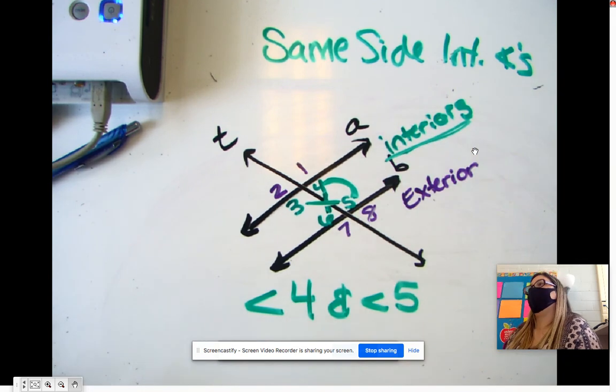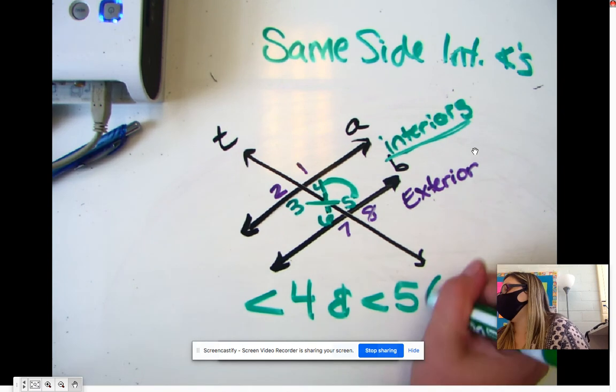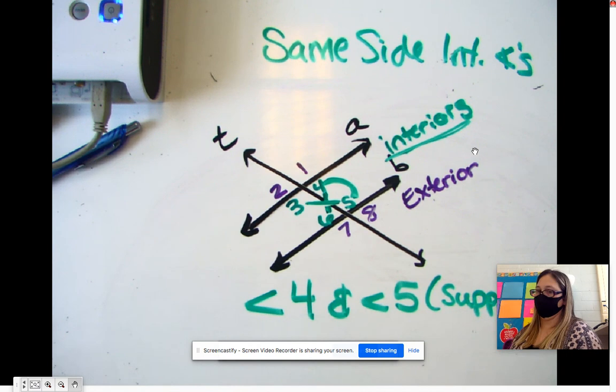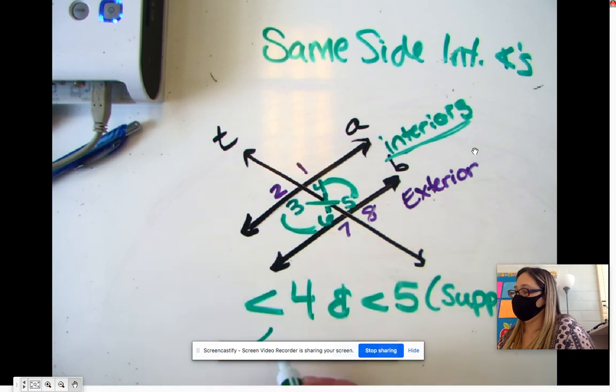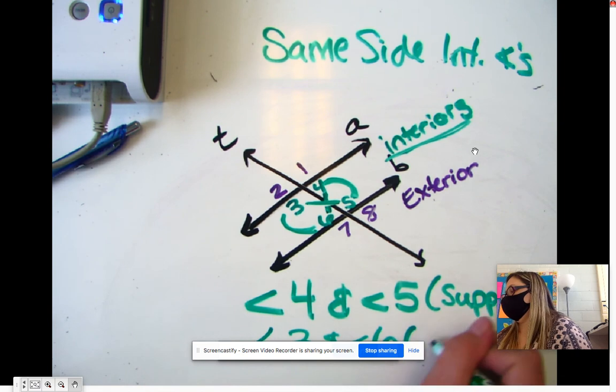Those are supplementary. They don't equal each other. They add up to 180 degrees. The other pair is 3 and 6. So angle 3 and angle 6 are also supplementary.